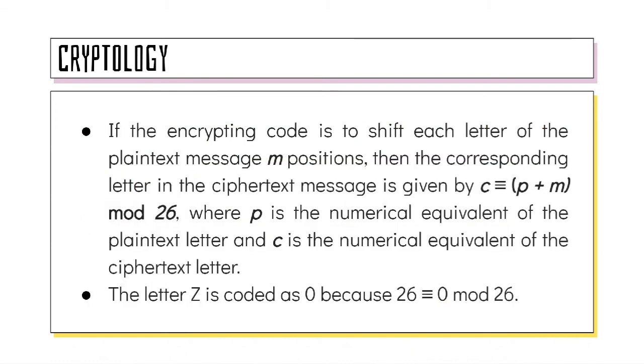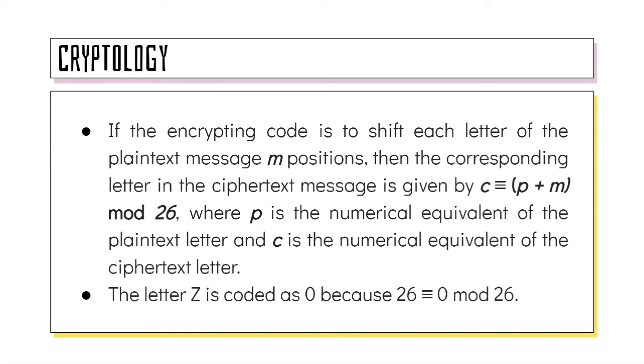Now, if the encrypting code is to shift each letter of the plaintext message by M positions into the ciphertext message, then we will use this congruence: C congruent to P plus M mod 26. Here P is the numerical equivalent of the plaintext letter, and C is the numerical equivalent of the ciphertext letter, which we can see in the table.